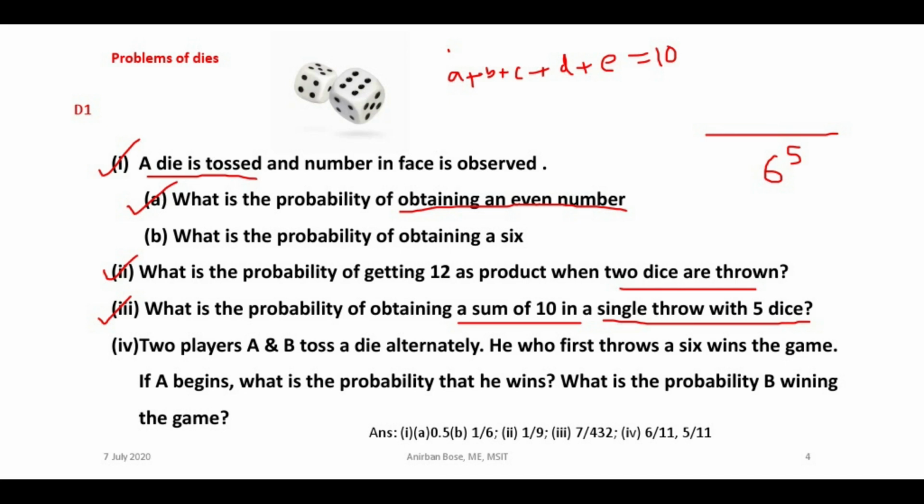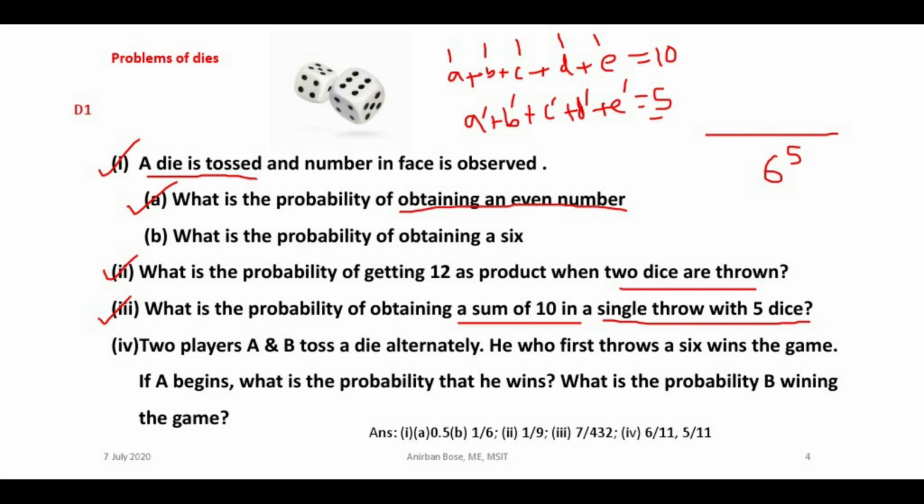So first you just put 1 on all the faces. Then it will become A prime, B prime, C prime, D prime and E prime, and that is equal to, you simply subtract 5 from that, so it will remain 5.